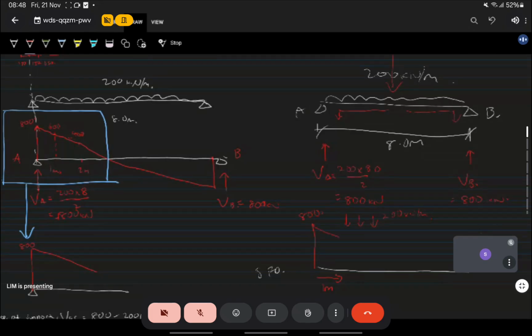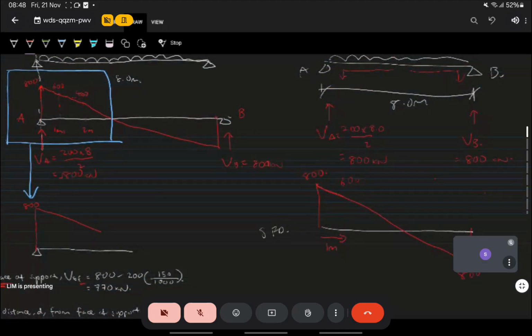So as you go 1 meter, you lose 200, so it becomes 600. Another meter, you lose another 200, so it becomes 400. Eventually it's going to do that.